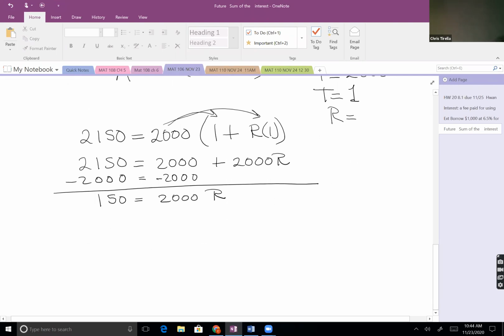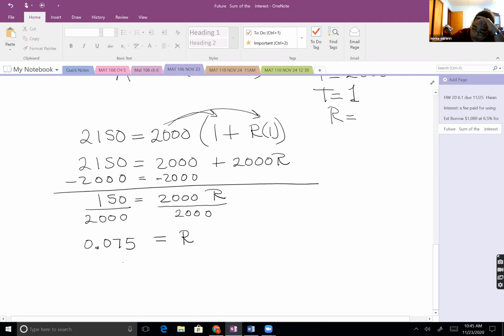And then does everybody remember that what we're trying to do is get R alone? When they're written right next to each other, they're being multiplied. And so then to undo multiplication, we'll divide both sides by 2,000. And doing that division, I get a decimal. Is everybody else also getting 0.075?